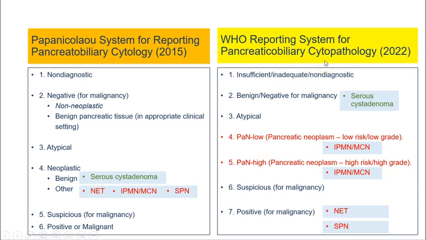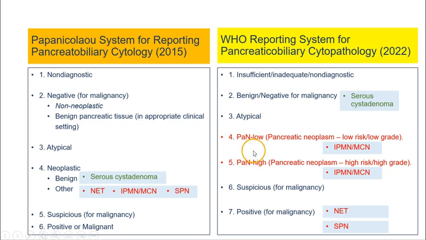The WHO system has some significant differences. First of all, it is a 7-category system rather than a 6-category system, starting with insufficient, inadequate, or non-diagnostic, and then benign or negative for malignancy, and this time serous cystadenoma falls into the benign category. So it does not only include non-neoplastic lesions, but also includes benign neoplasms, and then atypical.